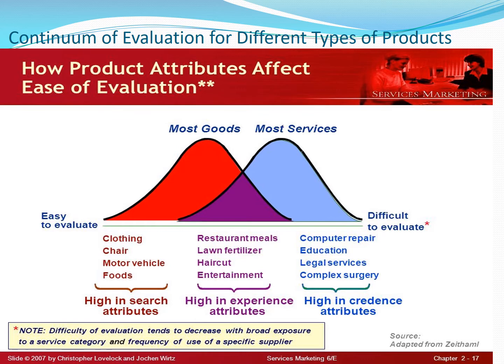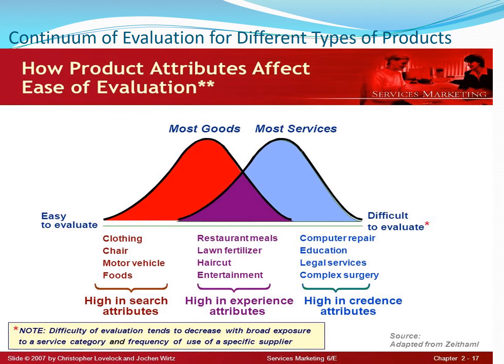Normally, when you go to a hospital, doctors tell you some other reasons, not attributing it to service failure or something in the service delivery process. Similarly with legal services or computer repair, where we do not know much about computers. The majority of services fall in the credence qualities end of the continuum.